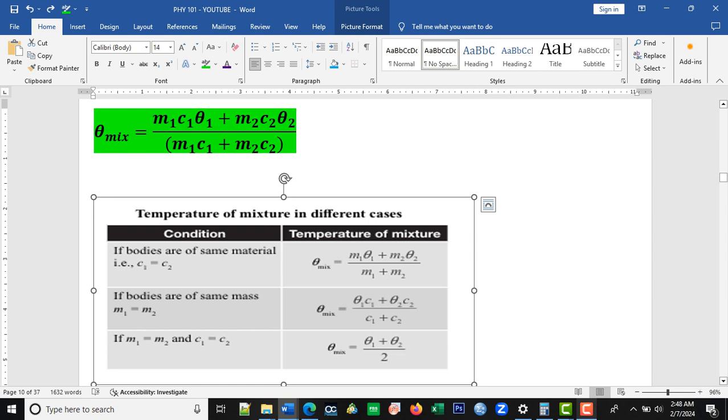Now, if the masses are the same, like M1 is equal to M2 and C1 is equal to C2, then you will have the temperature of the mixture to be θ mix equals θ1 plus θ2 all over 2.